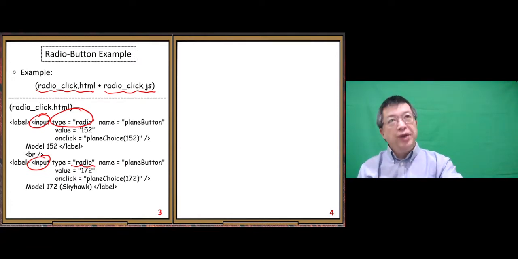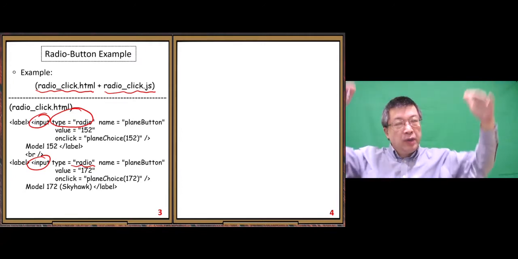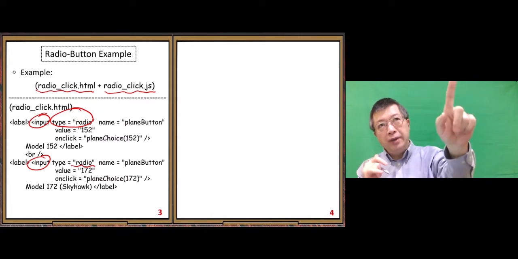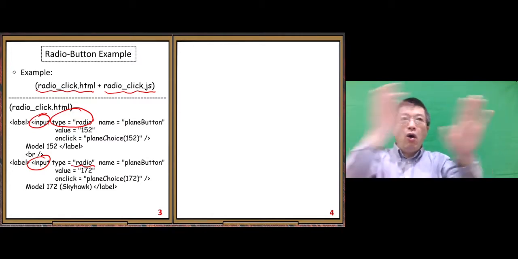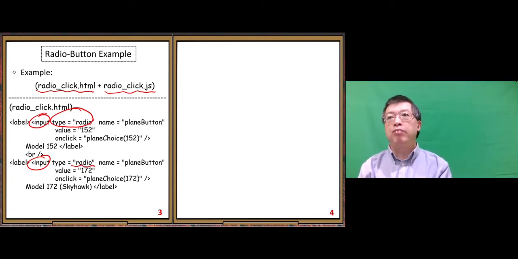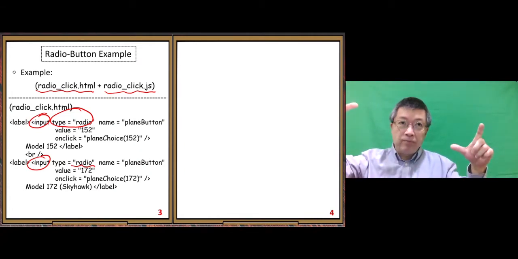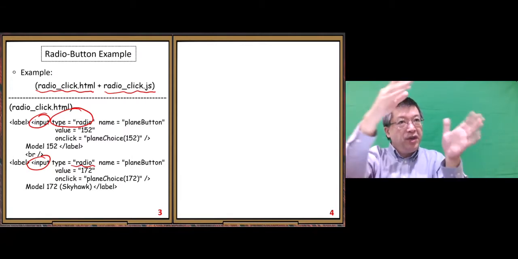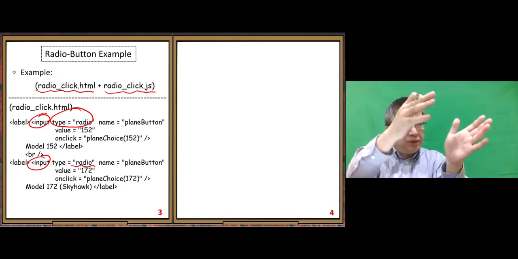When you use radio buttons, usually you want to group a set of items. When you select one item in the group, all the other items are deselected. That's the typical property of radio buttons. For that reason, you need to define a group. How do you tell the browser these elements are grouped?